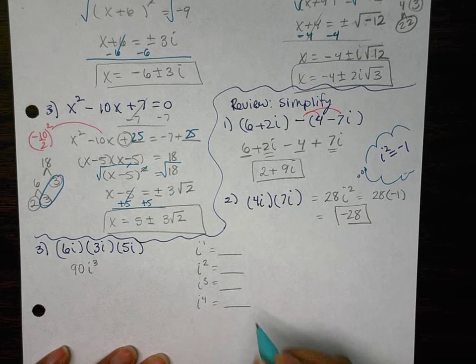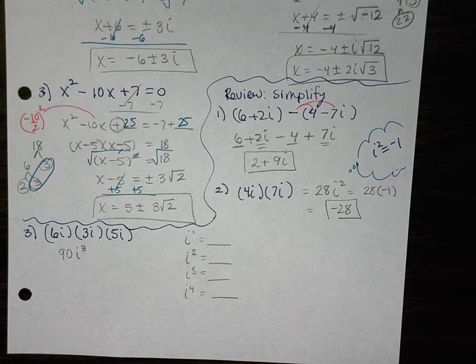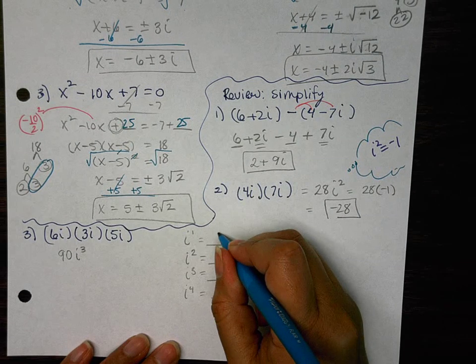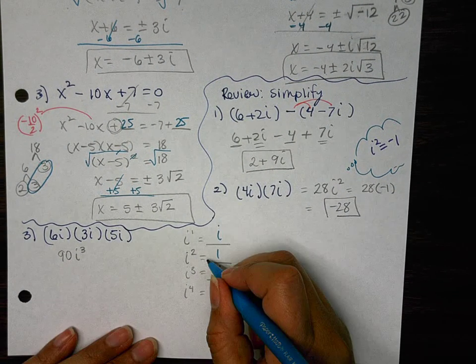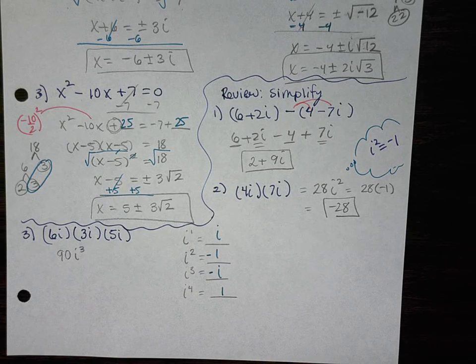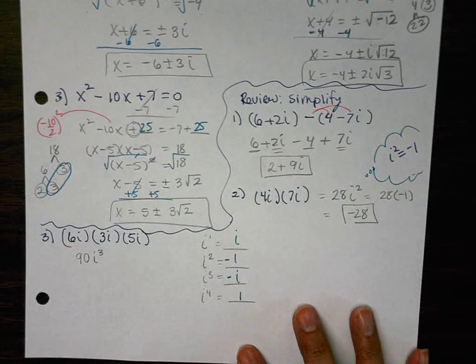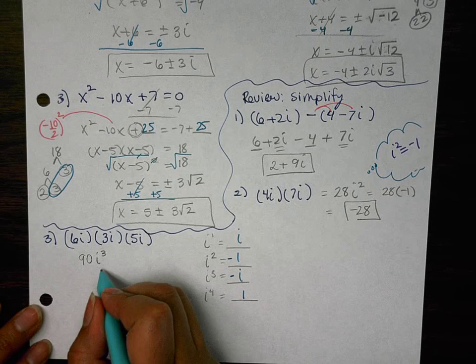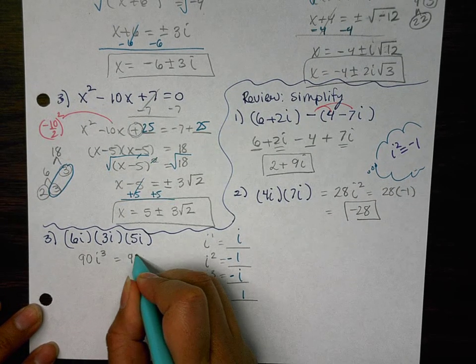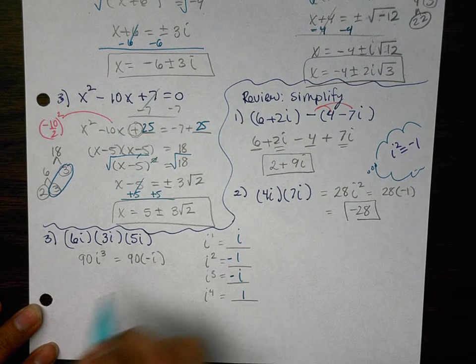Okay, and what was the little chant that we gave? i1 with the negatives sandwiched in the middle, right there. Okay, so what is i to the third? -i. So 90 times -i is 90i or -90i?